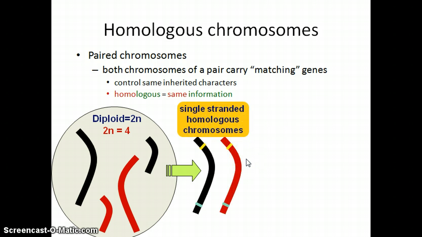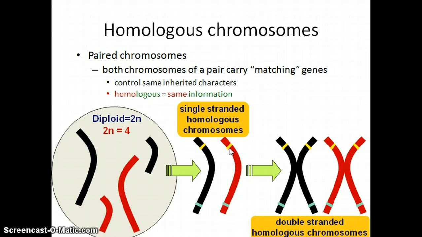So single-stranded homologous chromosomes. And these little bands show you, for example, a locus of a gene. So we would have the same genes at the same locus on the different homologous strands.